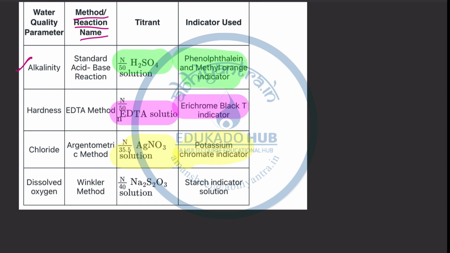For dissolved oxygen we have Winkler's method, and the titrant used is Na2S2O3 solution, and the indicator is starch indicator solution. So they are asking us the titrants.